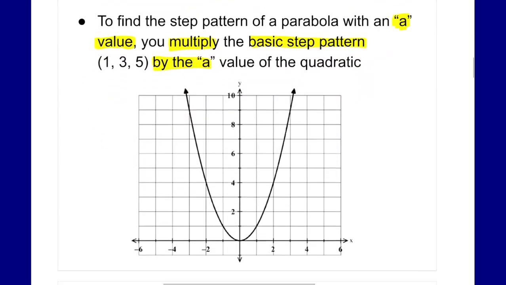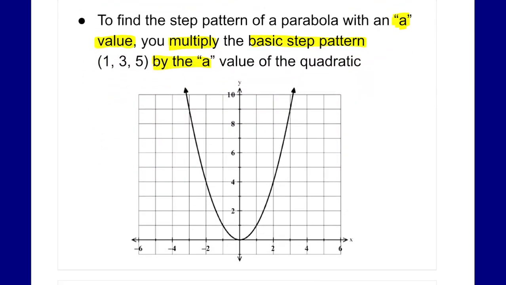So if I have my basic quadratic, I have it here. We have our vertex here, and I'm going to label all the key points on both sides. And we're going to take a quick look at what the step pattern is. So if I look at the step pattern, I go over 1 and I go up 1. So that first step is going to be step 1.